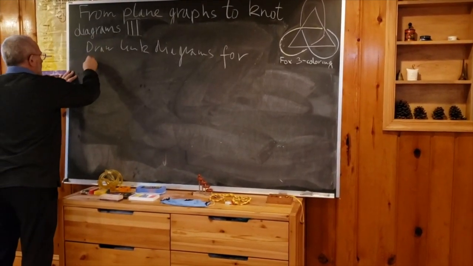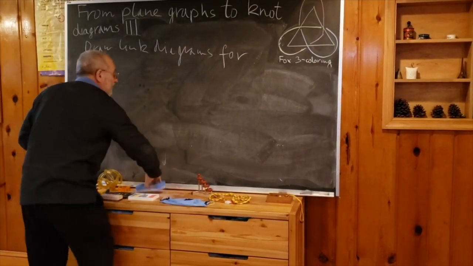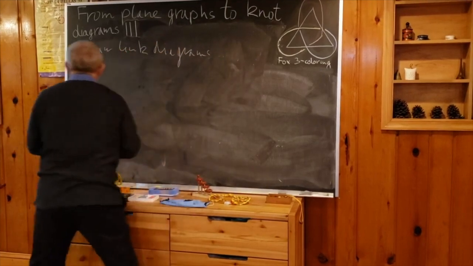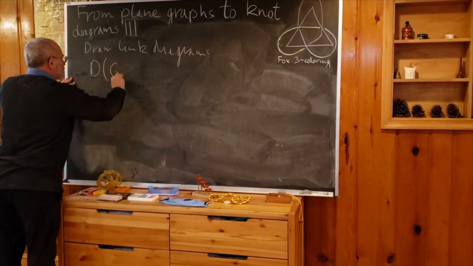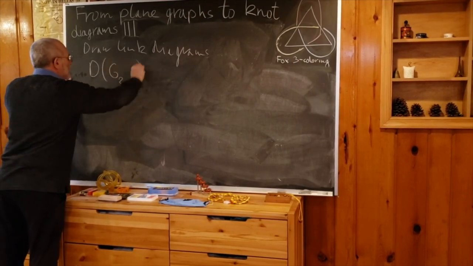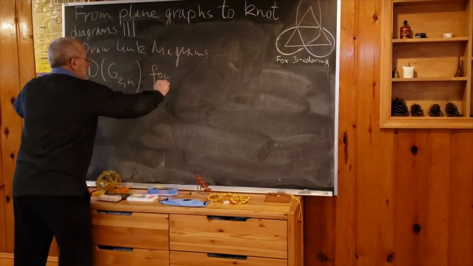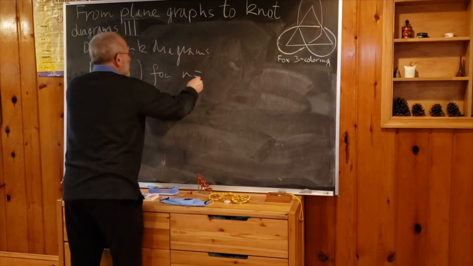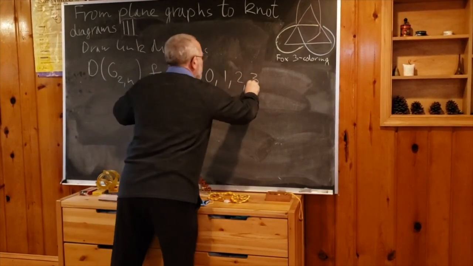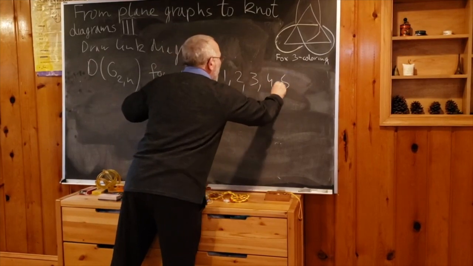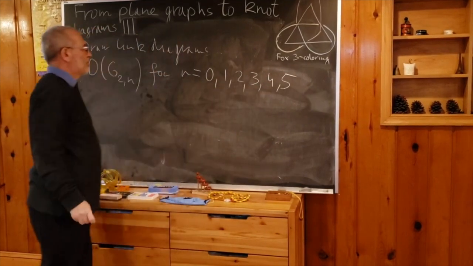For link diagrams, the grid graph G2n for some reasonable numbers n equals 0, 1, 2, 3, 4, I think 5, to have a pattern, then we'll be sure.